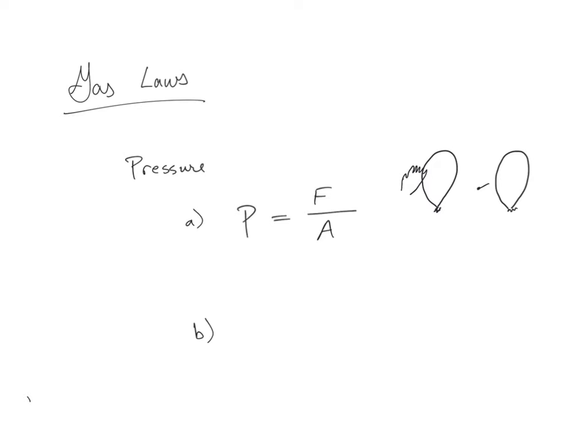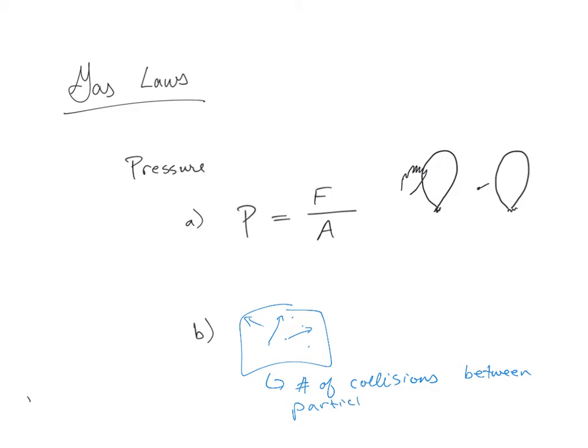When we think about chemistry, we're talking about all of the particles inside a container. The particles of a gas are moving very quickly. So the way to think about pressure in chemistry is the number of collisions between particles within a container and on the edges of the container.